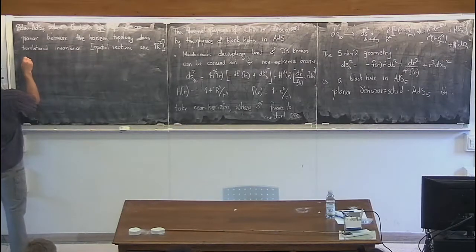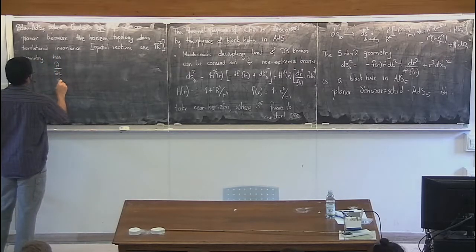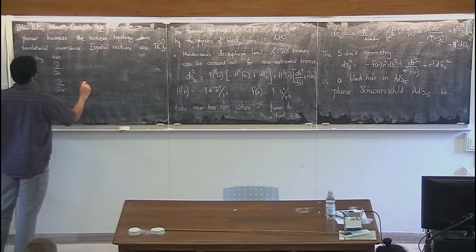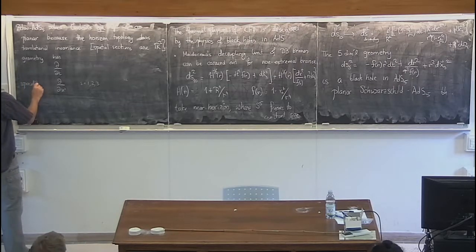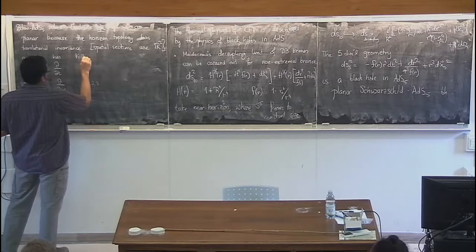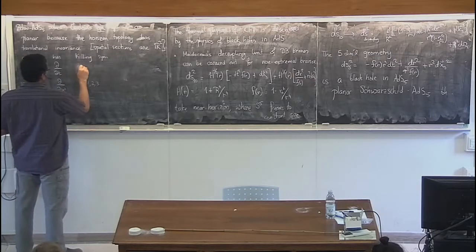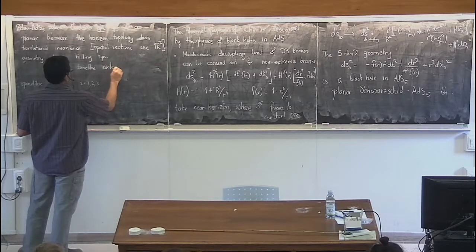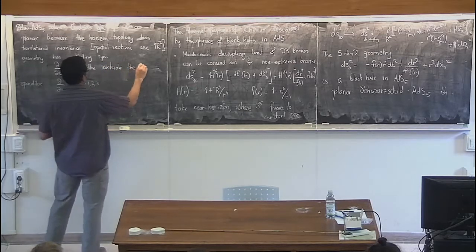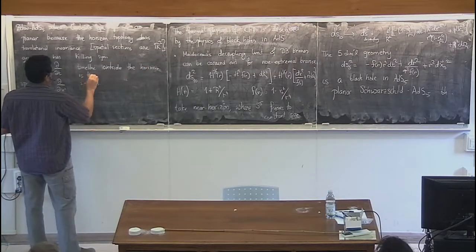So the geometry has Killing fields d by dt and d by dx^i for i equals 1 to 3. These are space-like. And this one is time-like outside the horizon, and is the null generator of the event horizon.